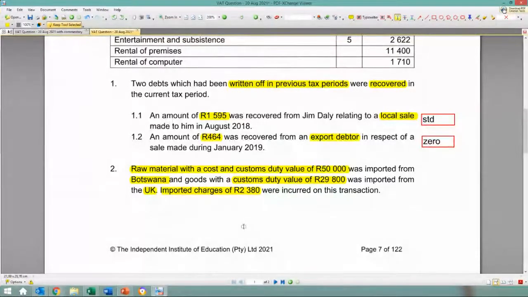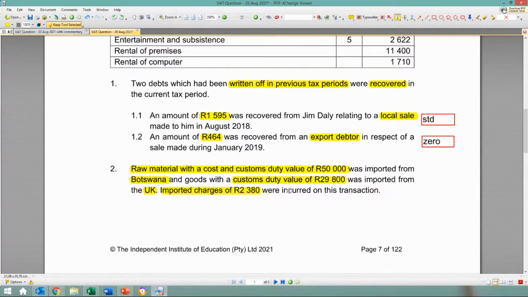So for Botswana, we would do the calculation slightly differently to what we would do for the UK. When we discussed it, we said if it's a BLNS country, you take your custom duty value, so in Botswana's case, we multiply by 15% the custom duty plus any surcharge that we paid. In this scenario, we only paid a custom duty value. There weren't any additional import charges. So we take that 50,000 multiplied by 15%.